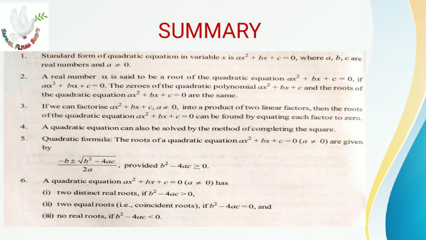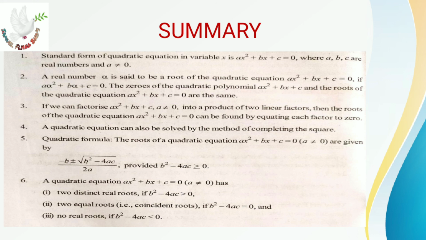Now coming to the fifth method, as we have seen in the present video, the quadratic formula: the roots of the quadratic equation ax square plus bx plus c equal to 0, where a is not equal to 0, are given by minus b plus or minus root b square minus 4ac by 2a, provided b square minus 4ac is greater than or equal to 0.